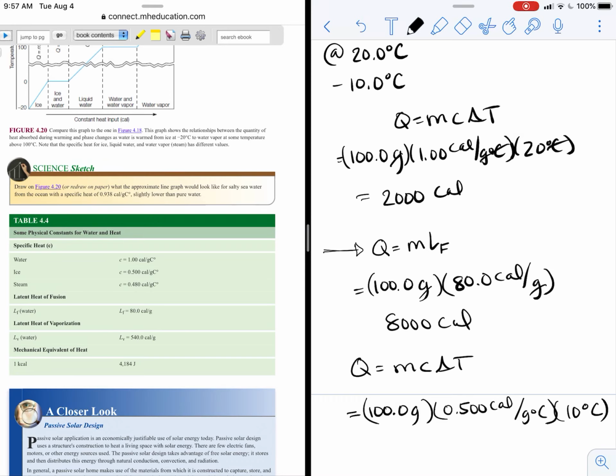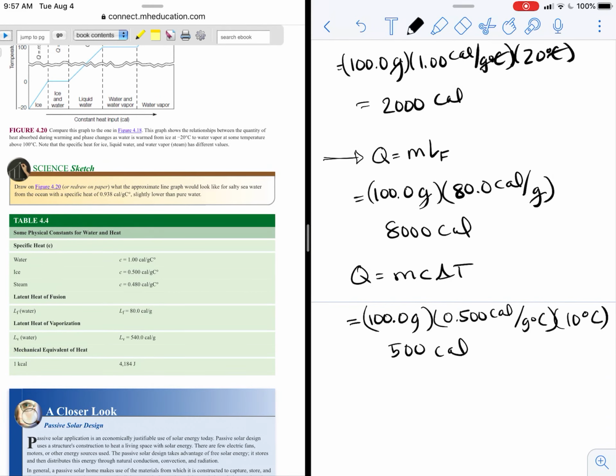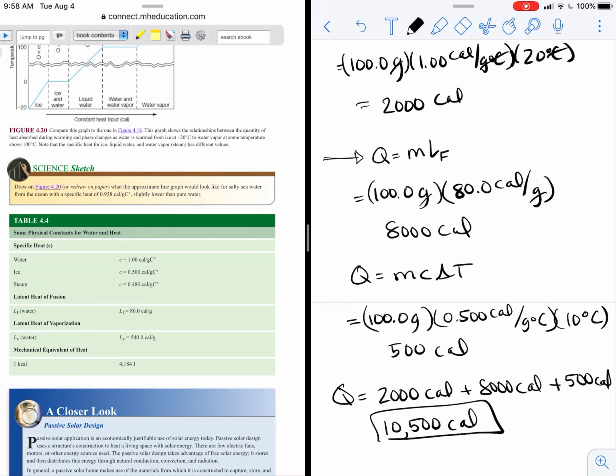So now you do 100 times 0.5 times 10 degrees, and you end up with 500 calories. And now you just add them up. So your heat is 2,000 calories plus 8,000 calories plus 500 calories, so you end up with 10,500 calories.